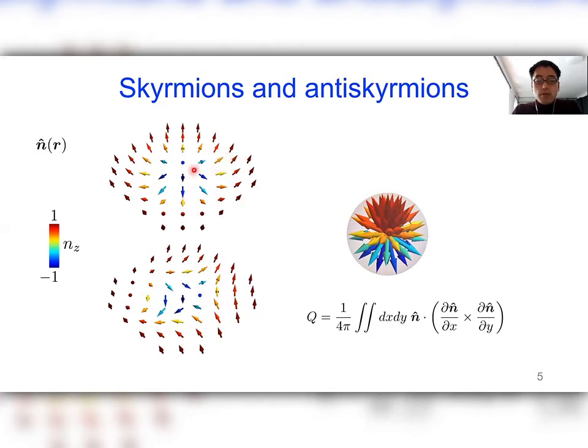By collecting all the spins onto a unit sphere, we can see that they cover the surface an integer number of times. And this gives the integer quantized topological charge of skyrmions. It is also possible to have the opposite sign of the topological charge compared to skyrmions, as shown in this antiskyrmion configuration below. And recently, these antiskyrmions were observed in Heusler materials.